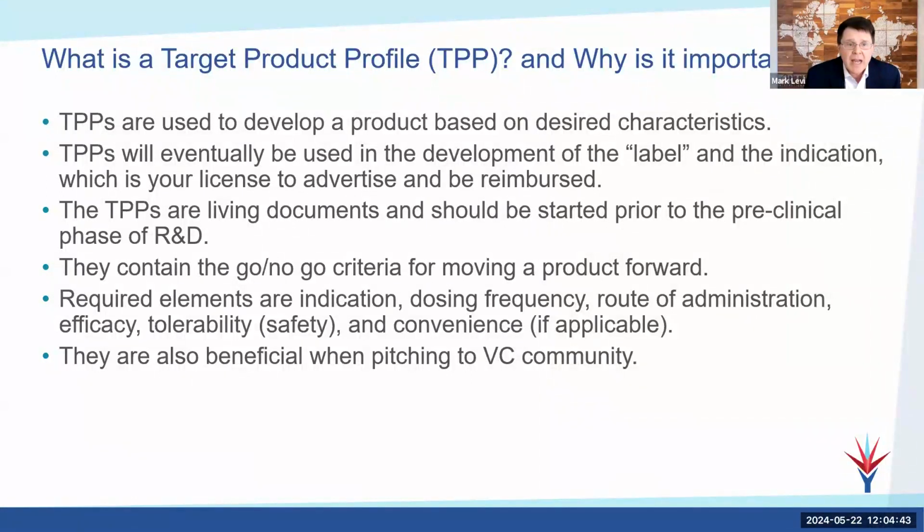The required elements within a TPP are the indication, the dosing frequency, the route of administration, efficacy, tolerability, which includes safety, and if applicable, convenience. They are also quite beneficial when pitching your product to the venture capital community.